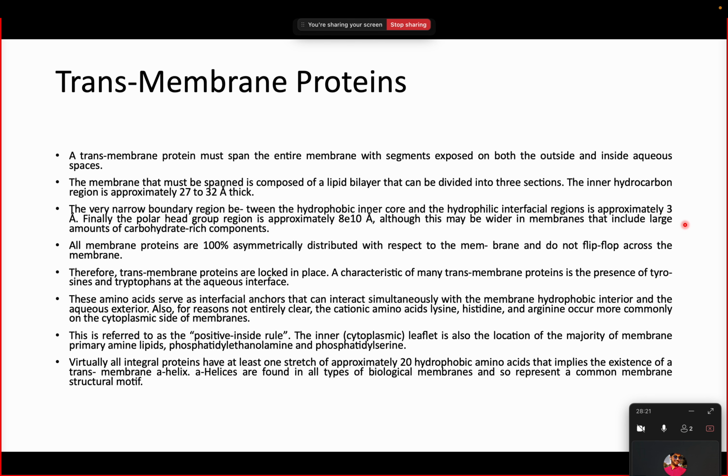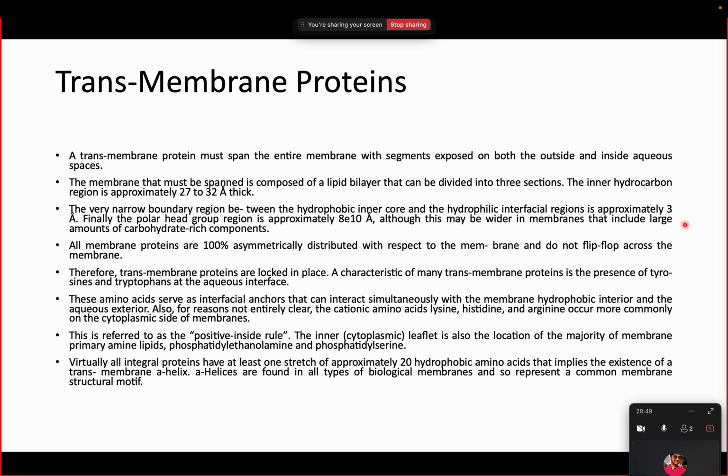A characteristic of many transmembrane proteins is the presence of tyrosine and tryptophan at the aqueous interface. You remember we discussed this point when we were discussing the aromatic amino acids. If you remember, there was a tyrosine residue, right? So tyrosine, though being hydrophobic, will prefer to stay in the hydrophobic environment, but it has one OH group which would like to make hydrogen bonds.